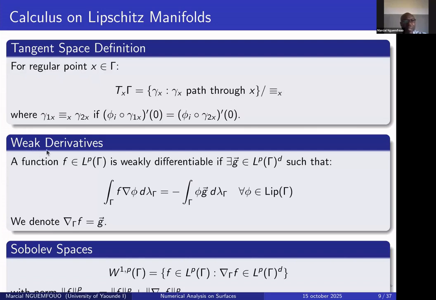And here we have the weak derivative on a Lipschitz manifold for f in Lp of gamma, where our gamma is a Lipschitz manifold. f is weakly differentiable if there exists a vector such that we have this equality for every Lipschitz function phi. This vector is denoted like the tangential gradient of f. And the Sobolev space is given like this, where gamma is the Lipschitz manifold.